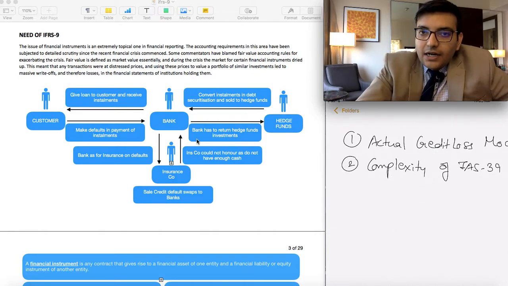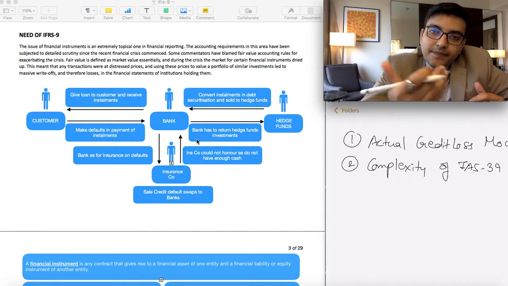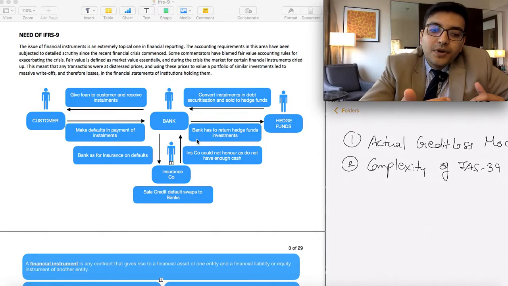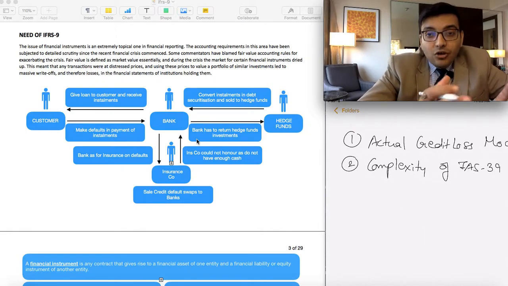But now IFRS 9 works on the expected credit loss model. It says that whenever a loan is given to a customer, there is an expected bad debt provision based on the nature of such loans.